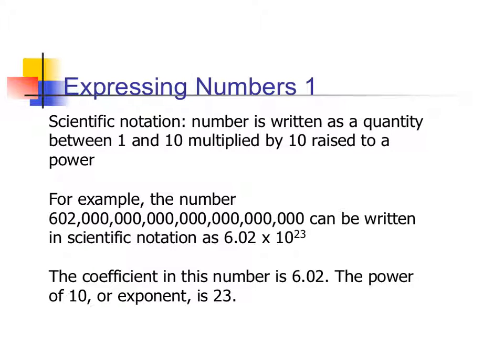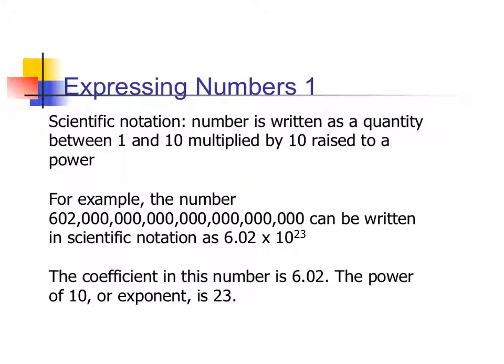We will use some scientific notation from time to time, and so we want to make sure that everybody understands what it looks like, especially when we deal with big numbers and really small numbers, because in chemistry we use really small particles, and so sometimes we will have to use scientific notation. For that, we have to make sure that we know what we're talking about.